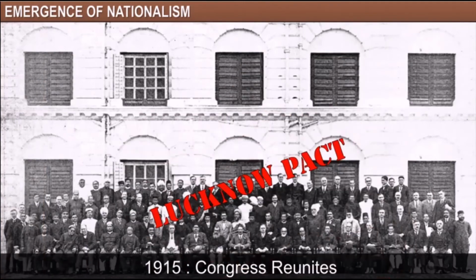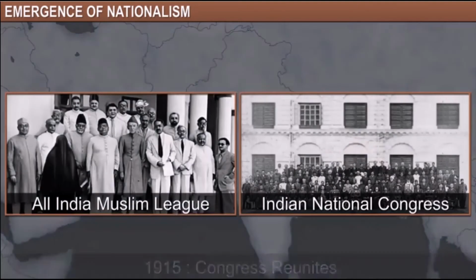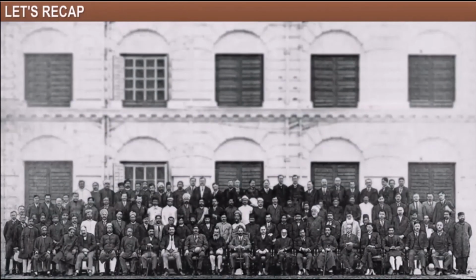They signed the historic Lucknow Pact in 1916 with the All India Muslim League to work together for their cause. Therefore, the latter half of the 19th century saw the emergence of many national organizations in India that fought against the British. You have now reached the end of the module on the emergence of nationalism.